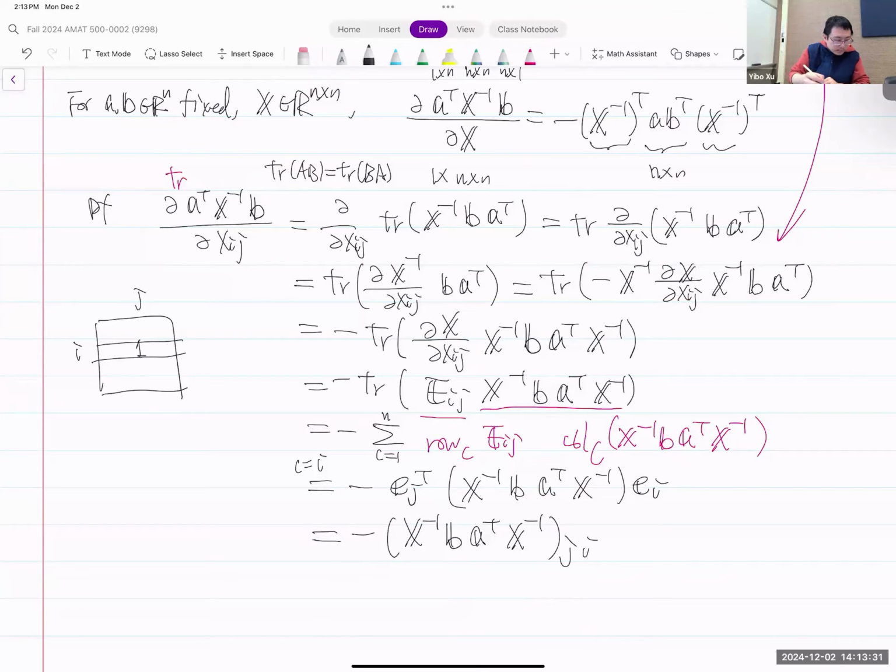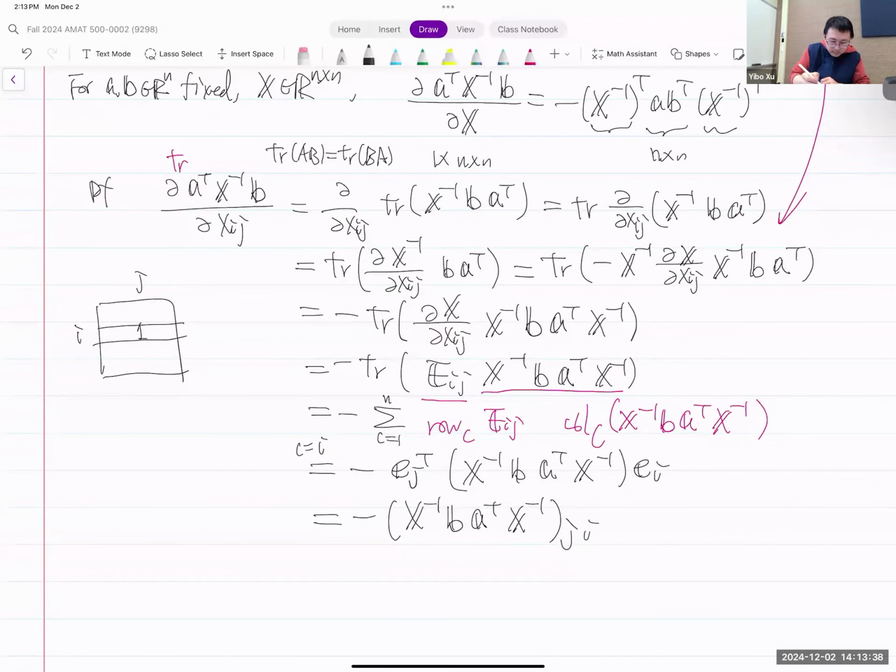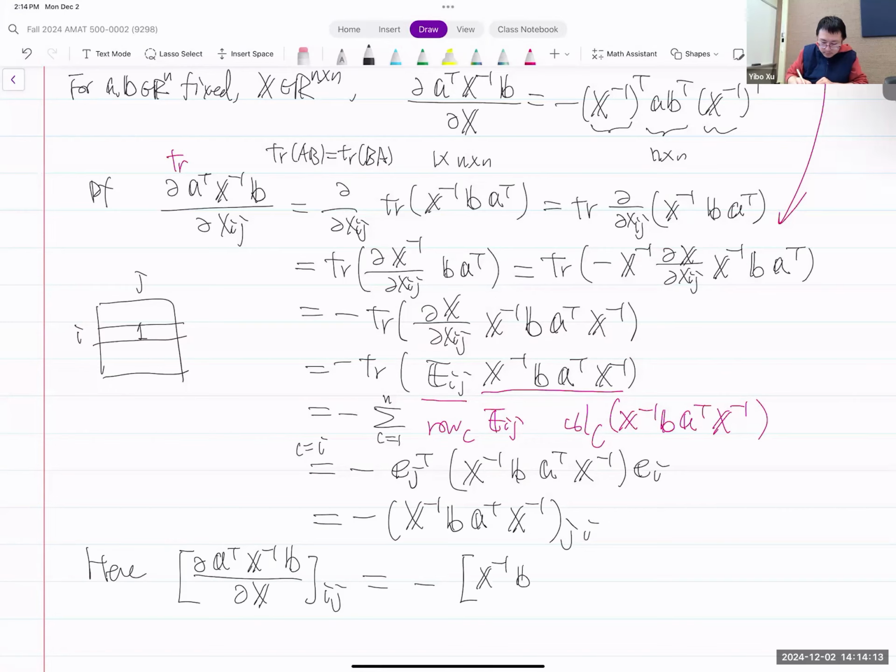The left-hand side from the previous long chain of equations is the ith row, jth column element, but now this equals the negative of the right-hand side, which is the jth row ith column element.